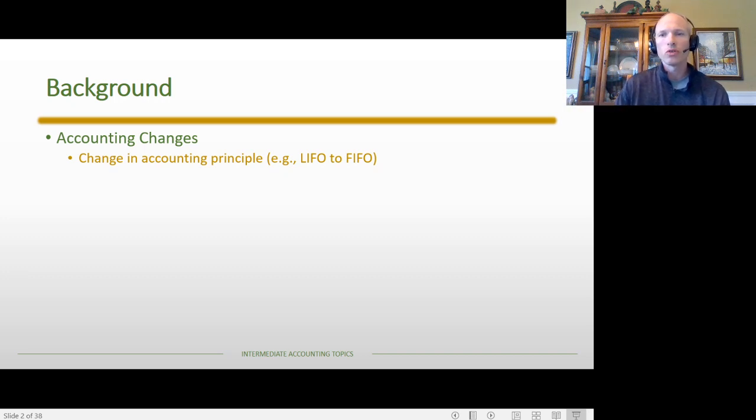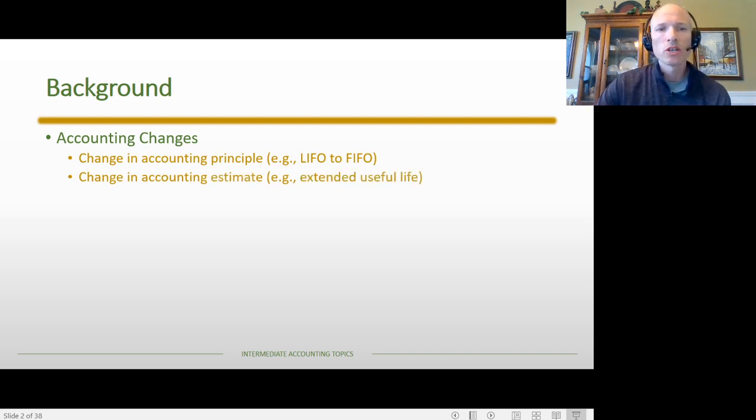And so it's two acceptable accounting methods or principles, and they just change between one or the other. Other examples might be, for instance, when they had option accounting. There was a time where you could choose between the intrinsic value method and also the fair value method, and so you could switch between those two, and those would be changes in accounting principle. And there's others as well.